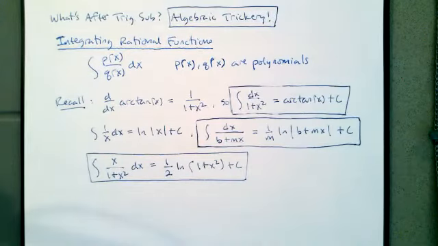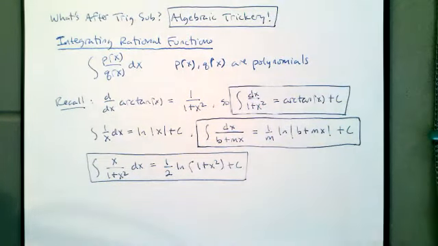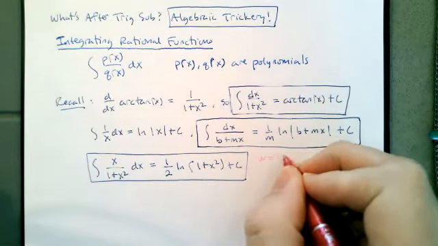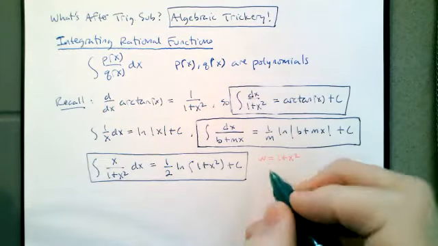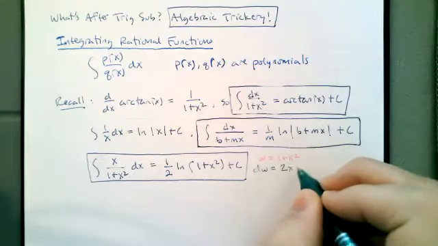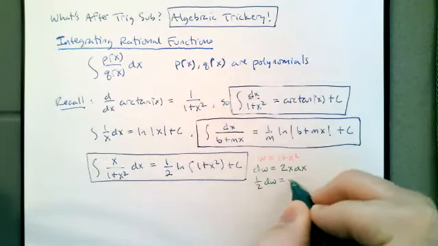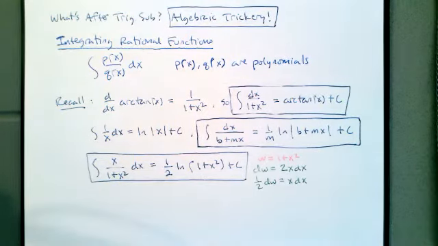On this last one, we're just doing a substitution. W equals 1 plus x squared, so that dw is 2x dx, so that 1/2 dw is x dx.